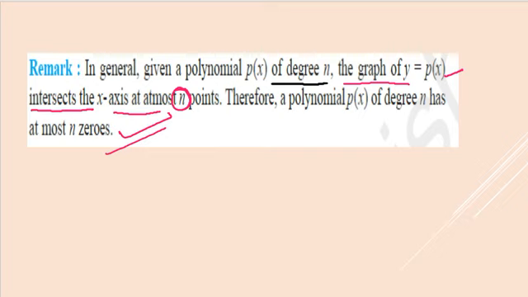You can easily get them from this session if you practice and watch it one by one. I hope you get 2 marks on the zeros of the polynomial.